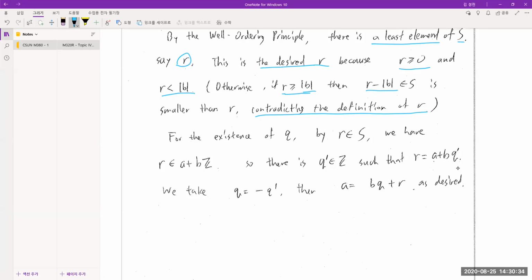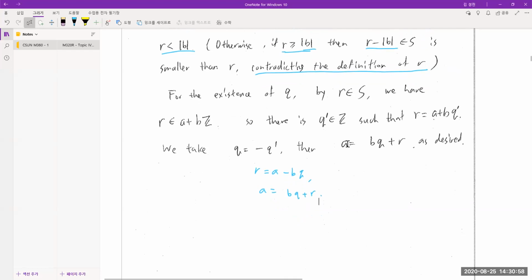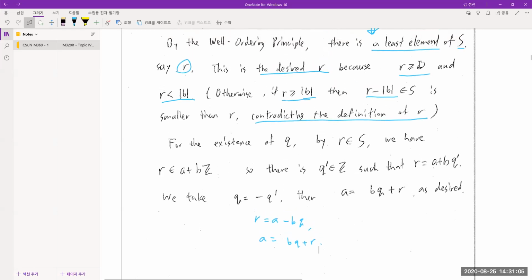So by taking Q equals minus Q prime, we obtain that R is A minus BQ by this. So A equals BQ plus R. Okay. So the expression A equals BQ plus R is satisfied for some Q and R with R non-negative and less than absolute value of B.